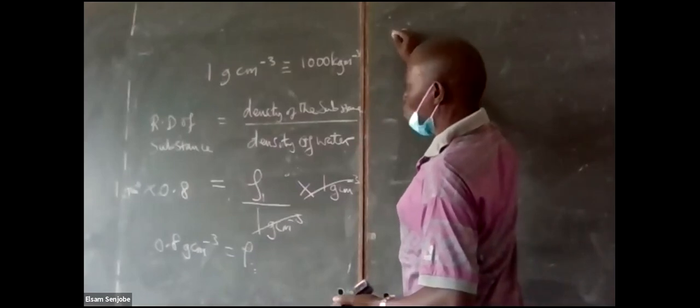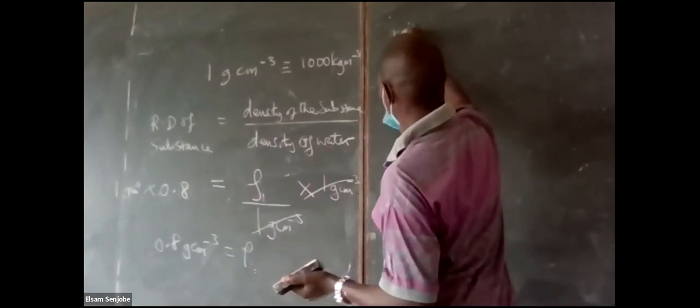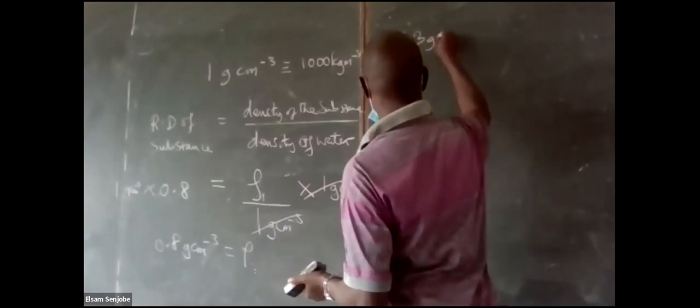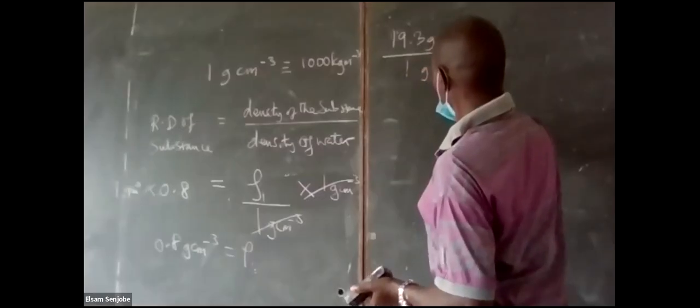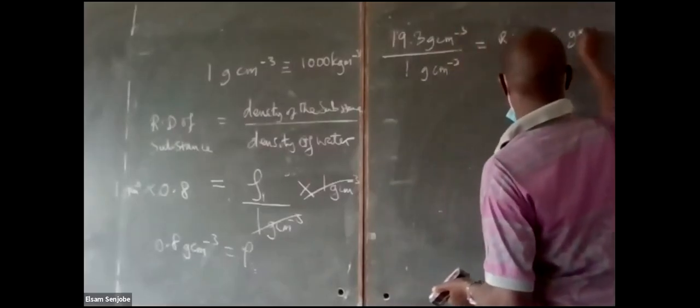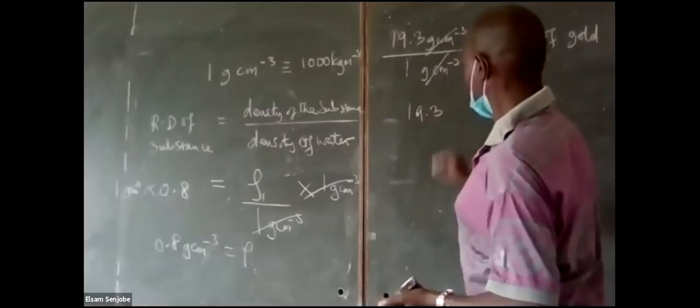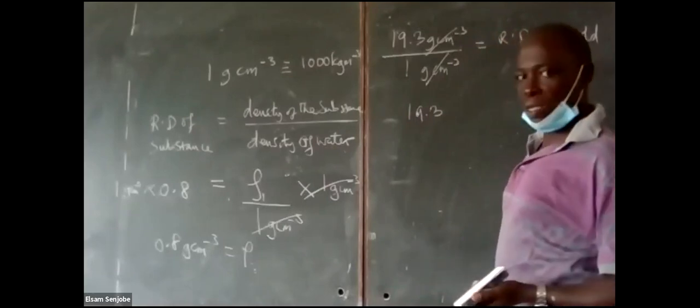Density of gold was given as 19.3. Do you remember that? Now what is the density of water? 1 gram per cubic centimeter. So what is the relative density of gold? 19.3. Is that okay? Okay, thank you, teacher.